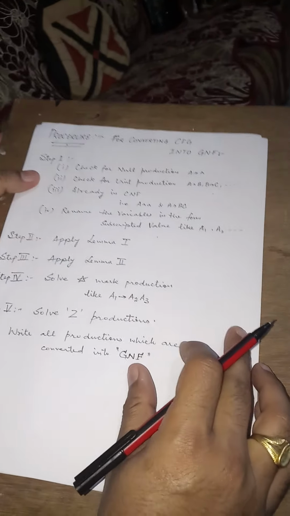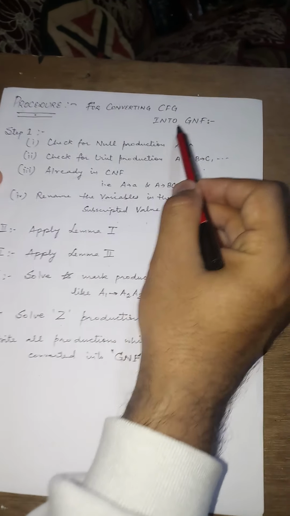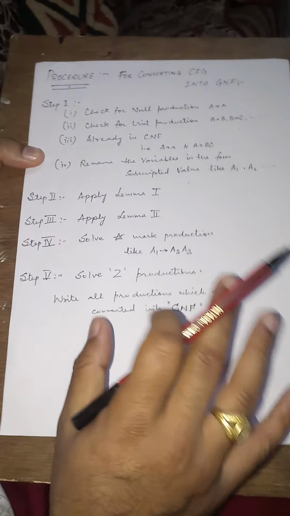So next, the procedure: how you can convert a simple context-free grammar into Greibach normal form. We have 5 basic steps.